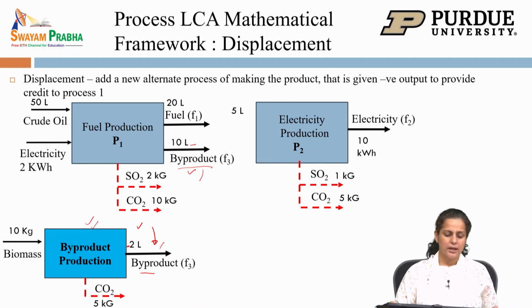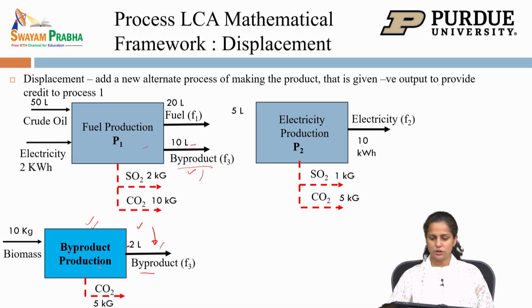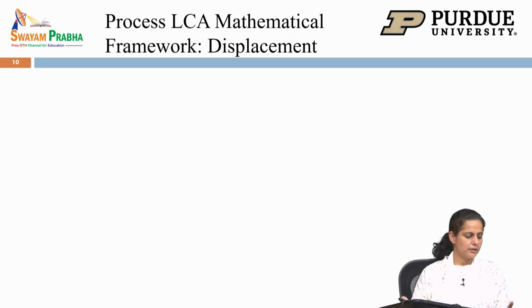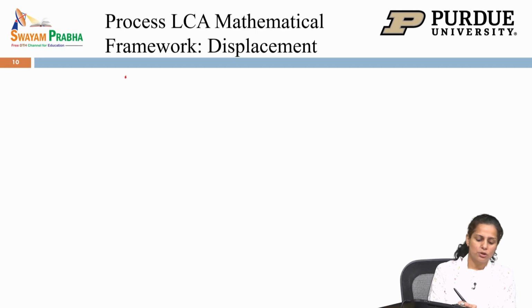So, again we have 3 different processes. Here instead of splitting this process, we are representing the byproduct formation by a different route for byproduct production. So, here we will write a different matrix. Again we have the same formation for process 1 and process 2. So, 20 times S1 minus 5 times S2 is equal to F1.